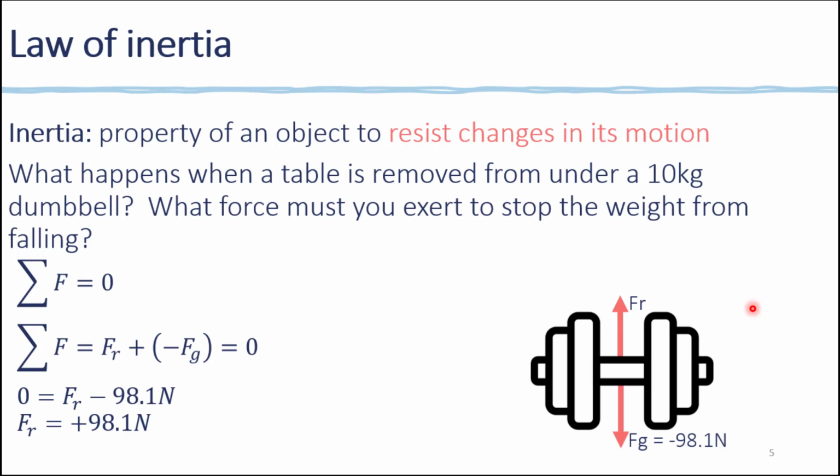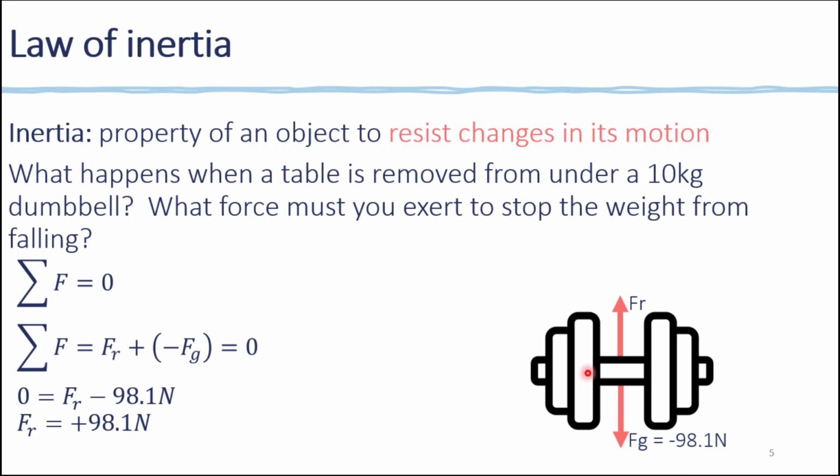So imagine that there's this 10-kilogram dumbbell that's just sitting on a table. What happens if that table is removed from under the dumbbell? What force would you have to exert to stop the dumbbell from falling? Vertically, gravity exerts this downward force that's equal to the weight of the dumbbell, which is 98.1 newtons downwards, so negative.